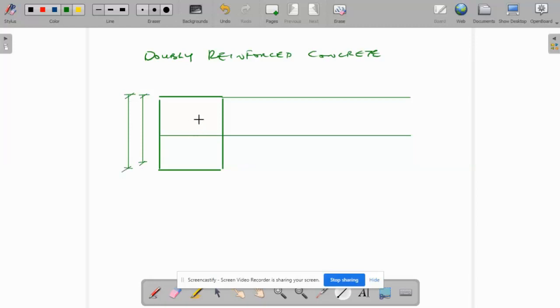This overall height is h. Then this is the depth of the neutral axis, which is x. Then let's draw the concrete strain on the stress blocks. So here we draw the strain.